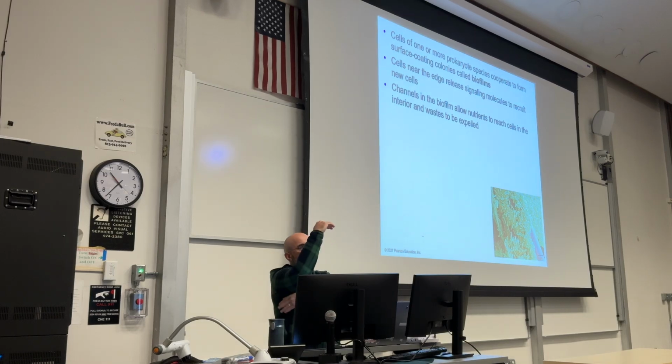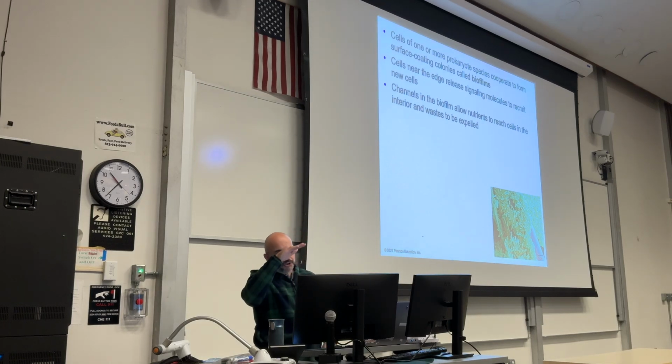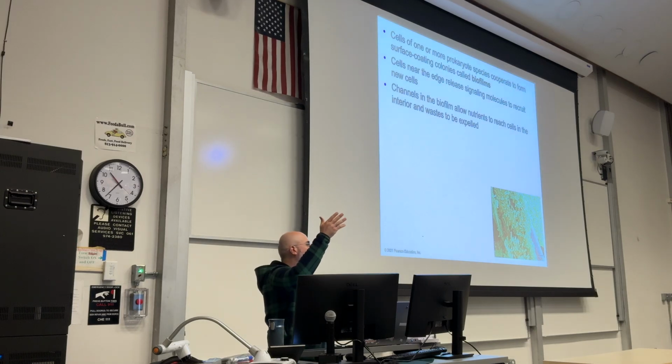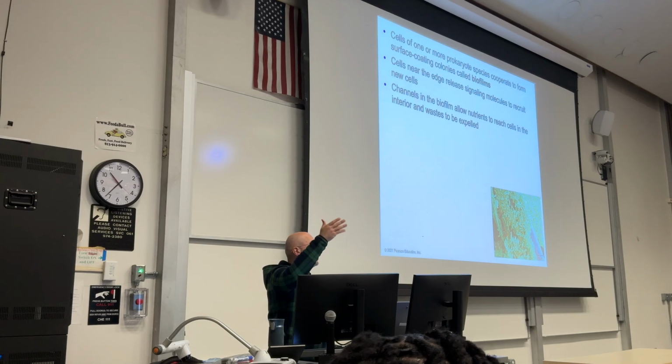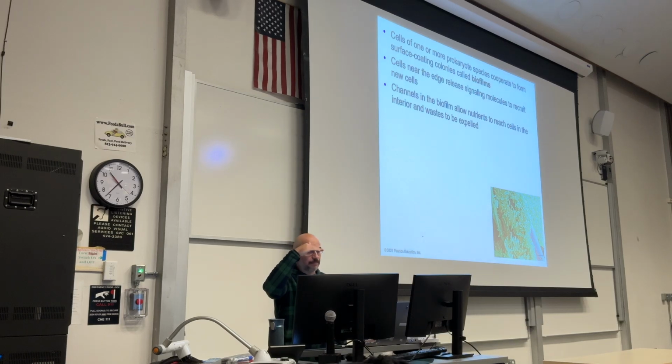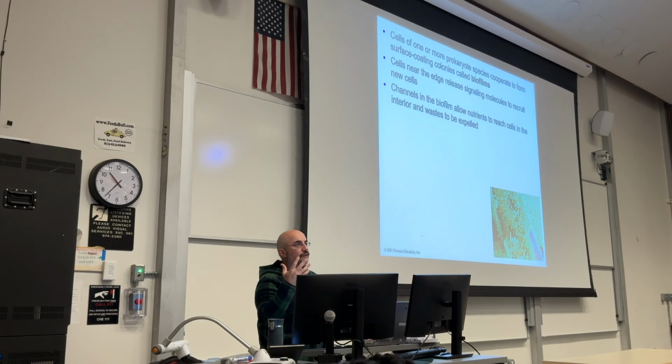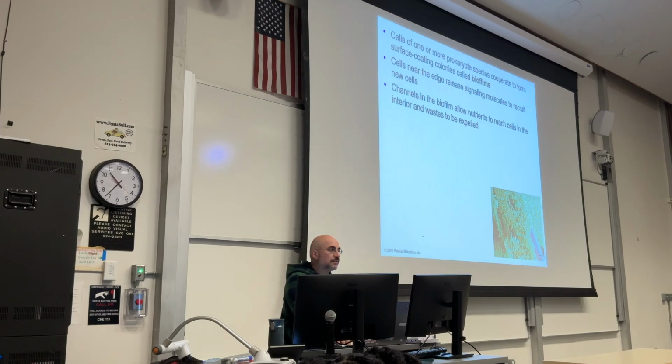The very top layer is going to act as a protective layer for the other layers inside the biofilm. But in addition to that, it also acts as a channel to bring the nutrients, the food, to the interior portion of the biofilm.